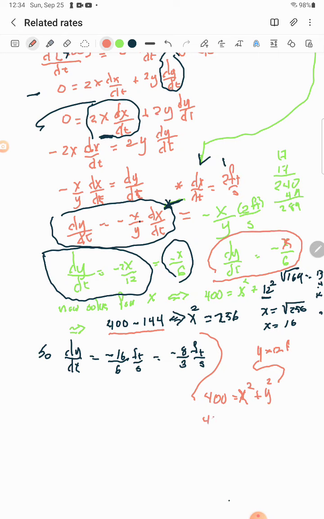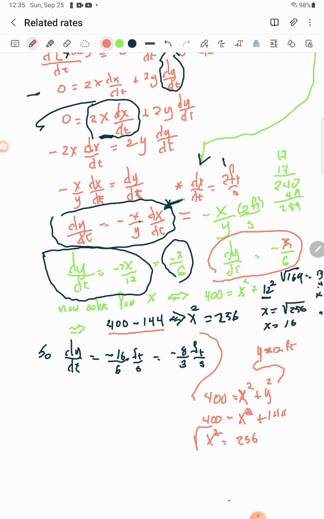So I have 400 equals x squared plus 12 squared. Y is equal to 12, squared. You see that? This is feet. That's 144. So then x squared equals 400 take away 144, which is 256.